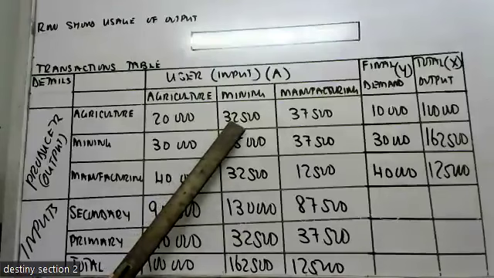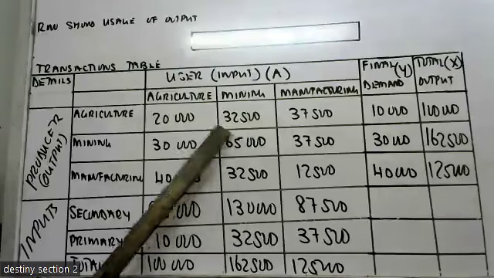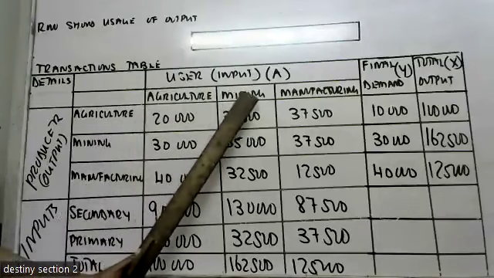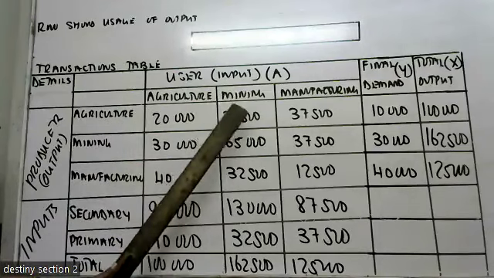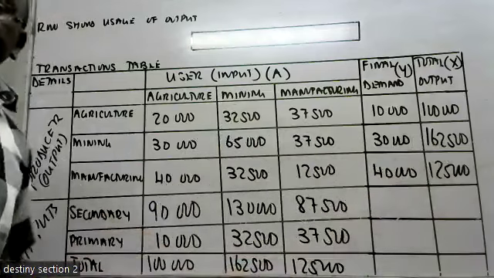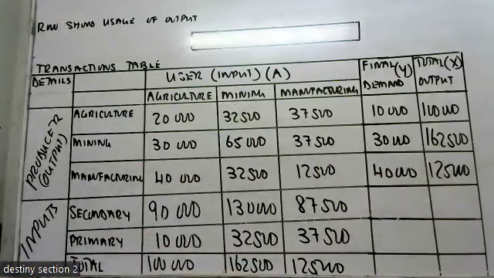This 2,500 is the output from agriculture that is used by mining so that mining can make 162,500, the output of mining.